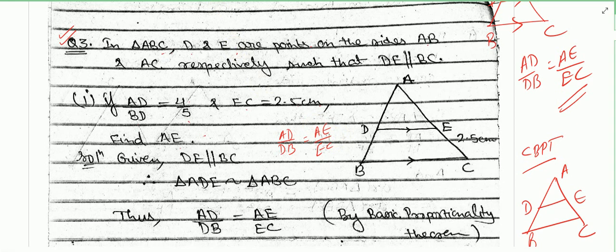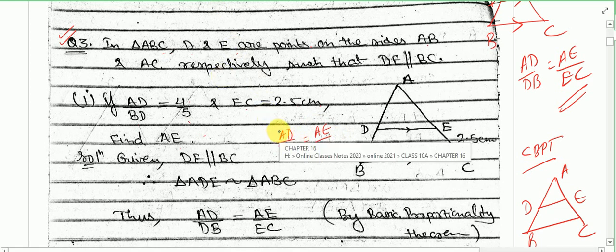Here you can see that for the first one, AD upon DB is already given to you. EC is also given to you. So you can substitute these values and you can easily find AE. Okay. So the solution is given.